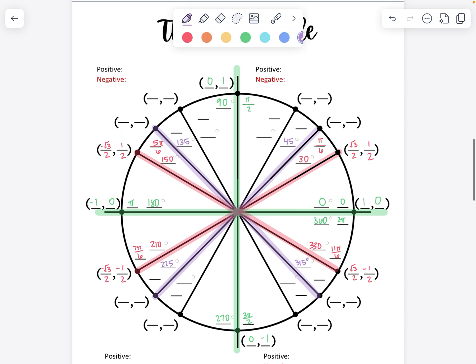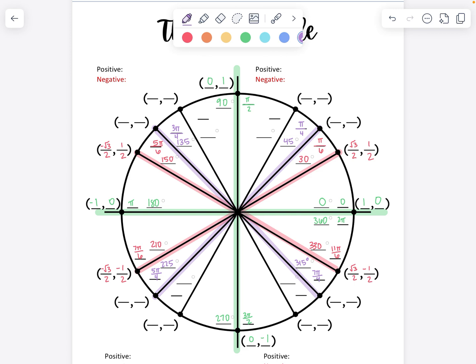45 degrees was pi over 4, 135 degrees was 3 pi over 4, 225 degrees was 5 pi over 4, and 315 degrees was 7 pi over 4.